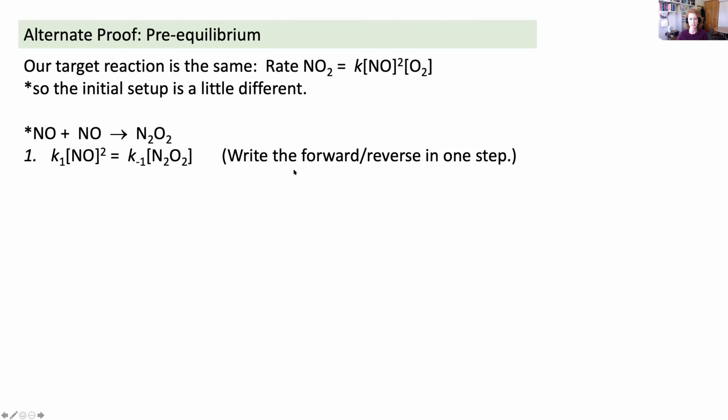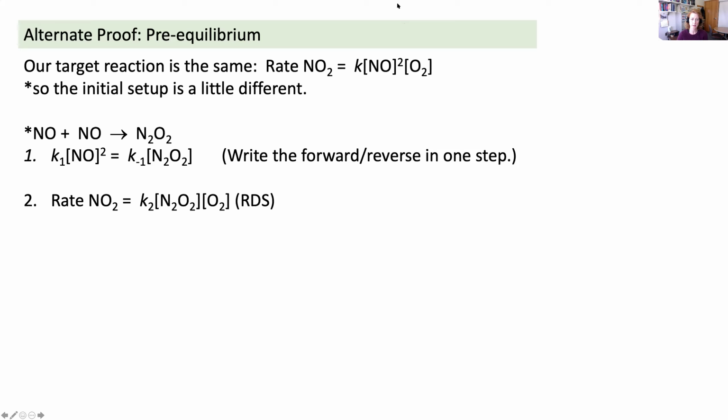The initial setup is a little bit different. We're going to write the forward and reverse in one step. We're going to say that the rate of formation of N2O2, k1 [NO]^2, is equal to the reverse reaction. And that's what you're stating in pre-equilibrium: the forward and reverse steps are the same. If the forward and reverse steps aren't the same, then you'd have to go to the steady state approximation. So here you're saying that you have pre-equilibrium, and therefore you can just solve this for N2O2, right?